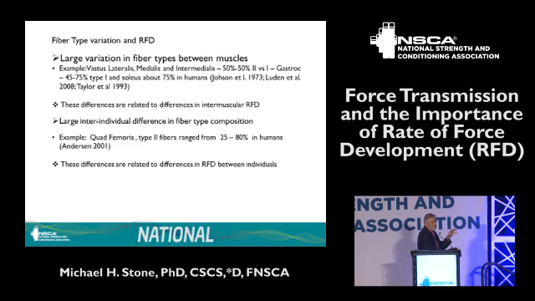Some muscles, because of their makeup, are going to contract faster, and they will also have higher rates of force development as a result of that. Also, we know that between individuals, there are differences in those muscles. For example, in the rectus femoris, the fiber types range from 25% up to about 80%, depending upon the human that you take the measurement from. And so those differences are certainly going to relate to differences not only in the magnitude of force, but also in the ability to transmit the forces and rate of force development.